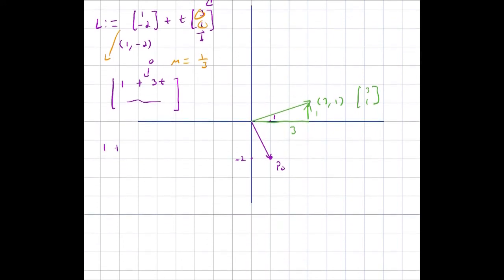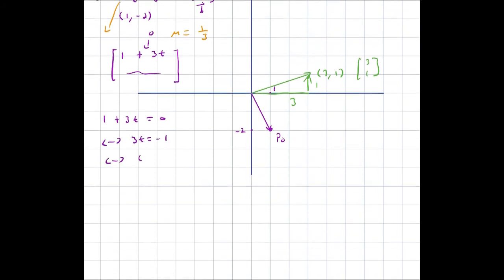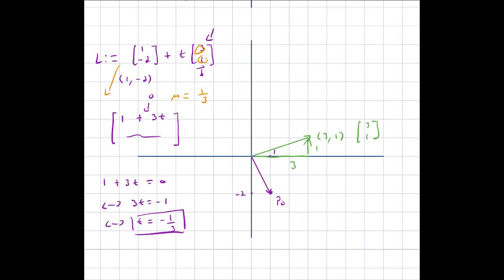So I want 1 plus 3t, the x-coordinate of the y-intercept, to be equal to 0. Well, this happens exactly when 3t is equal to negative 1, or when t is equal to negative 1 over 3. That will make my x-coordinate equal to 0.